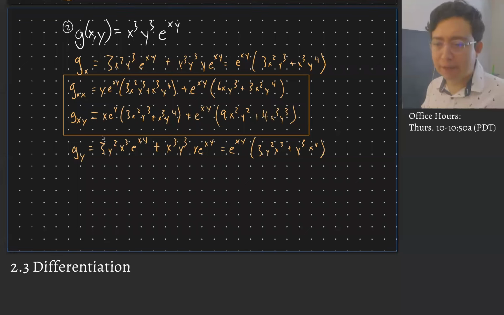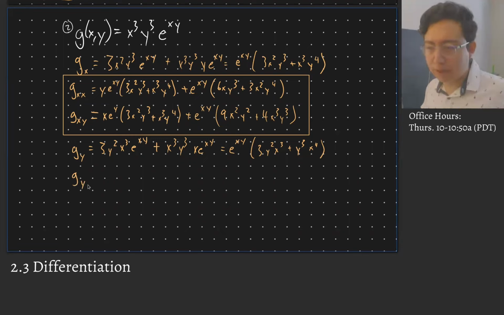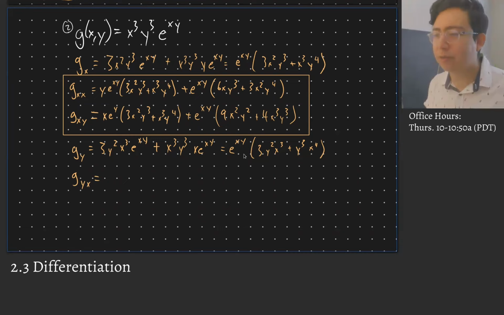So now we're going to go down to g of y. And now we're going to take the two derivatives of this function. So g_yx is equal to, again, we take the derivative of this with respect to x. Again, it's a product rule.